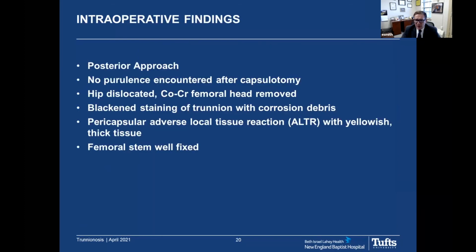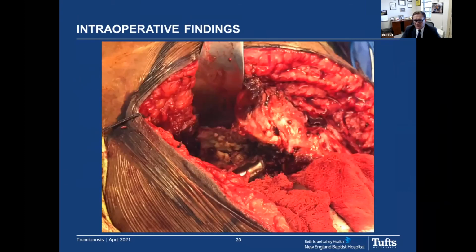Intraoperatively, there was a posterior approach, no obvious purulence. The hip was dislocated. There was obviously blackened staining of the trunnion with corrosion debris, and there was a pericapsular adverse local tissue reaction with a yellowish thick tissue. The femoral stem was well fixed. So this is what it looked like.